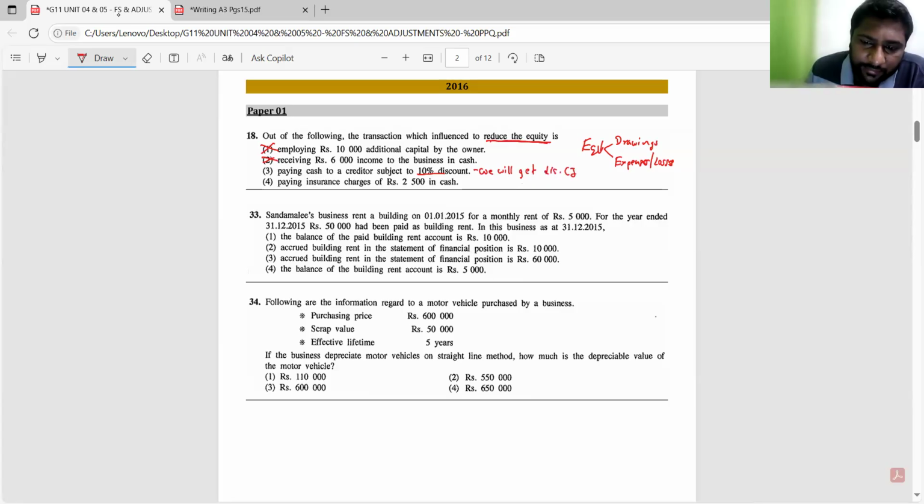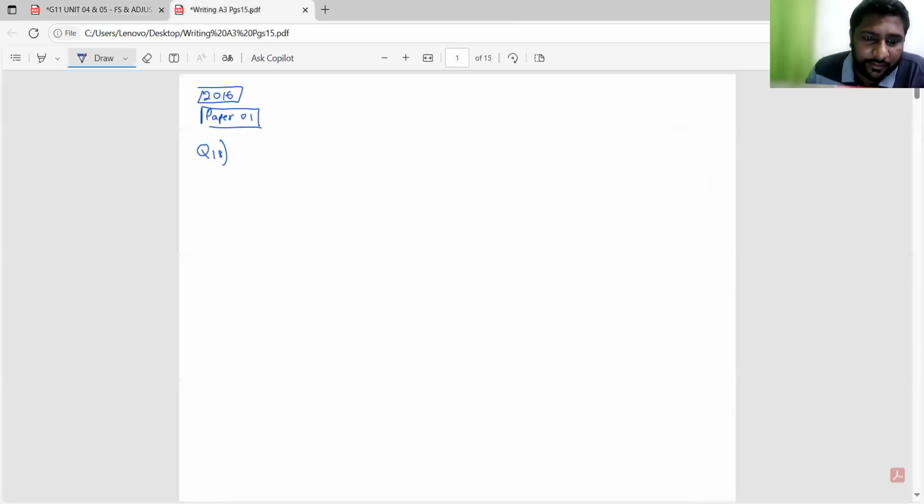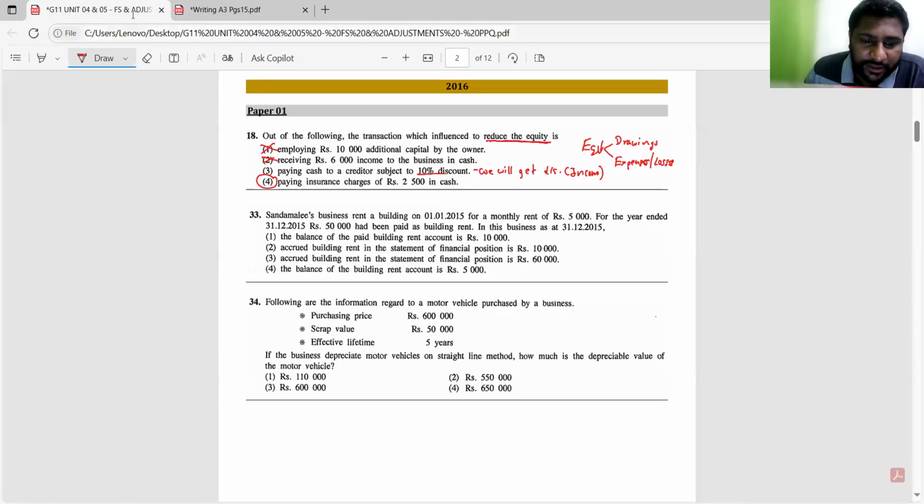That is an income. Cash discount received is an income. Paying insurance charges. Insurance is an expense. Then for question number 18, the answer is 4. Next question.